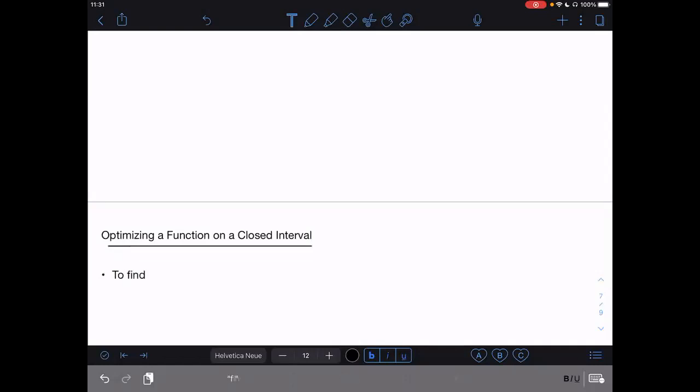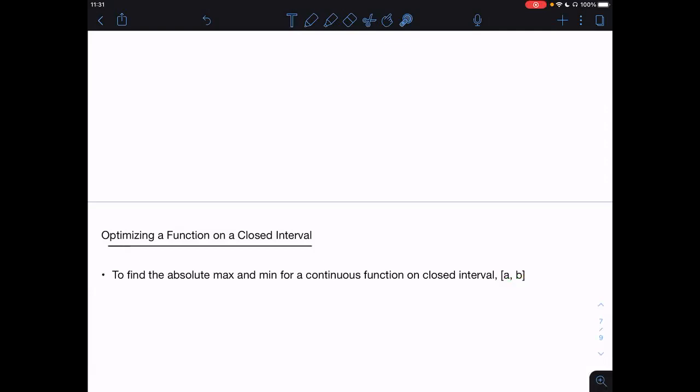To find the absolute extrema, the absolute max and min, for a continuous function on a closed interval, defined as A to B, so closed brackets, meaning we're including the endpoints as well.